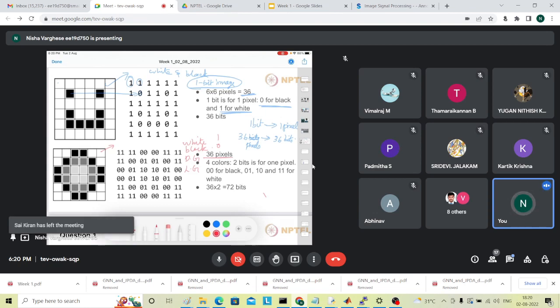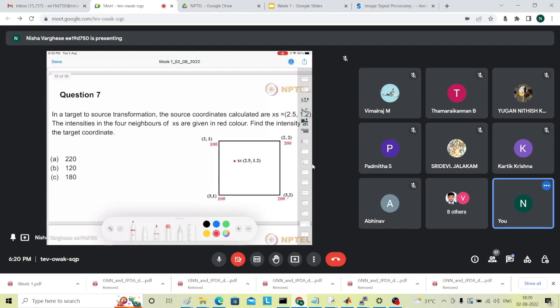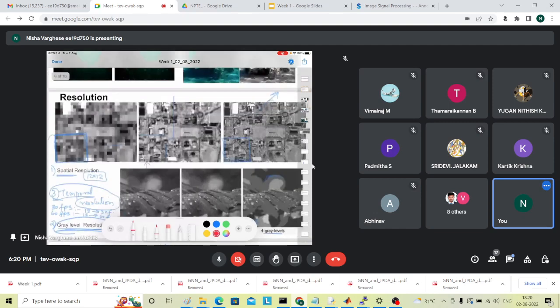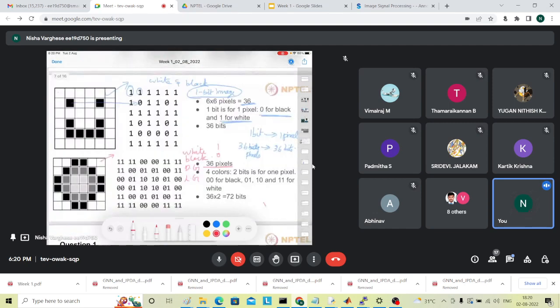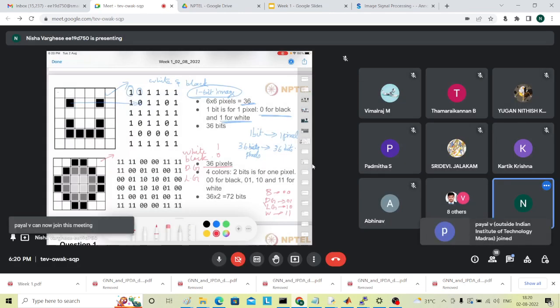So for black, we will use 0 0. Then for white, we will use 1 1. Then for dark gray, we will use 0 1. Light gray, we will use 1 0. Okay.